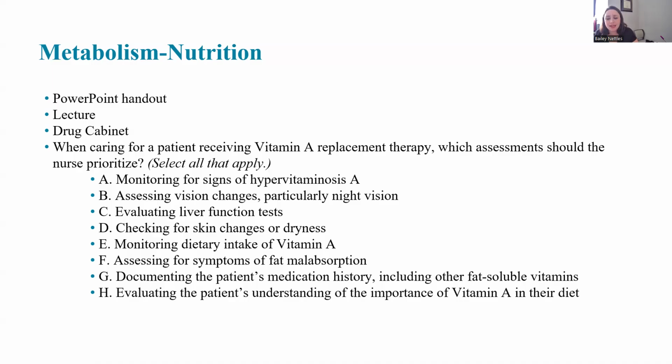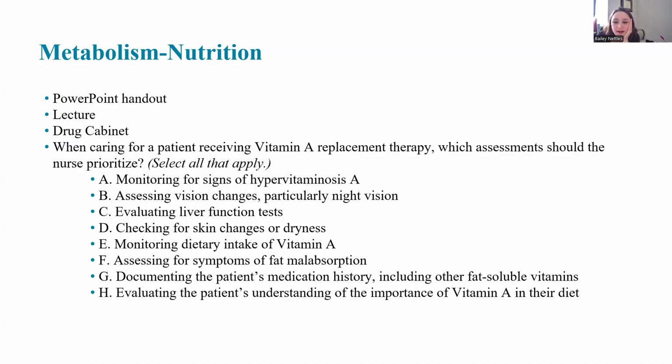No. Document the patient's medical history, including other fat-soluble vitamins. I mean, doesn't sound bad, but I don't think that's really a priority for vitamin A. Evaluate the patient's understanding of the importance of vitamin A in their diet. We're not doing that one either because I don't want them to overdose.